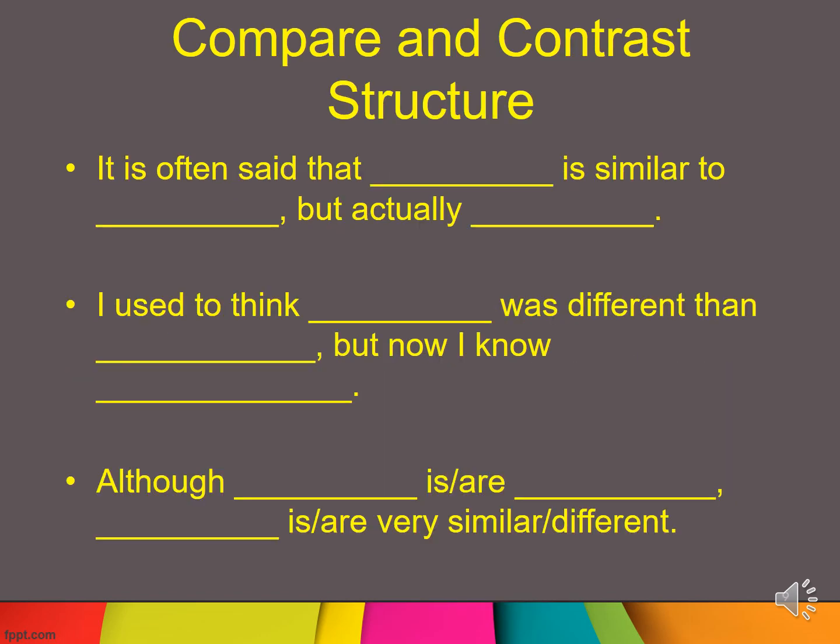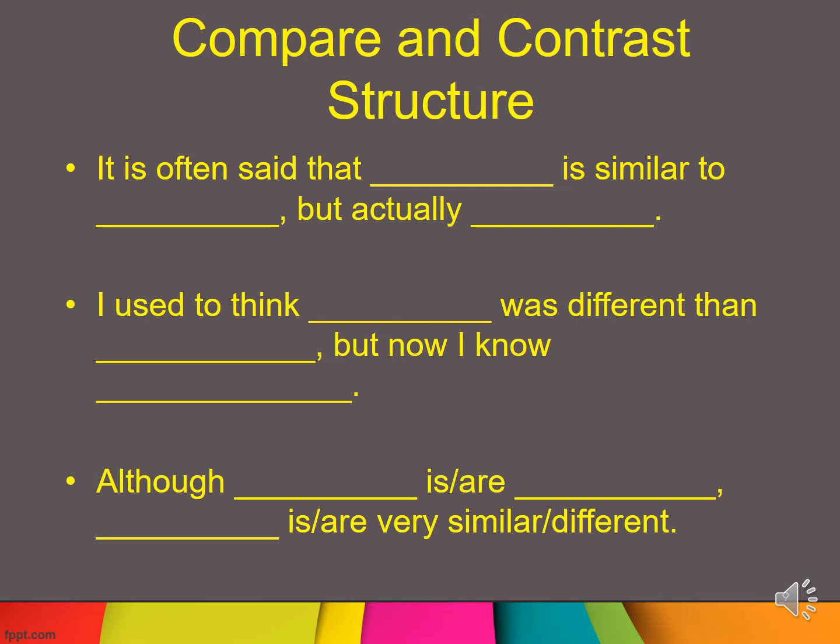So in scaffolding instruction to help students understand organizational structures, assist them in determining which of them fits with their central idea. If the central idea is comparing and contrasting, then the sentence stems on this slide will naturally fit within their piece. It is often said that blank is similar to blank, but actually blank. Or I used to think blank was different than blank, but now I know blank.